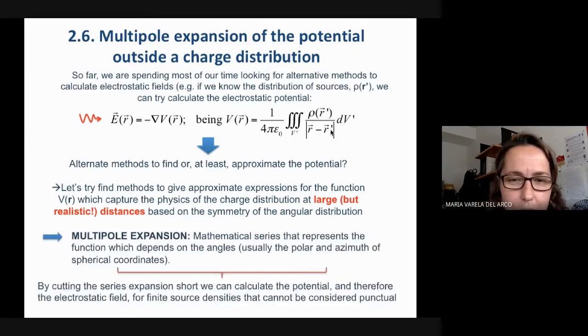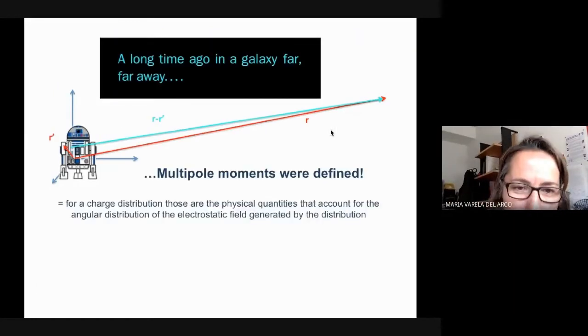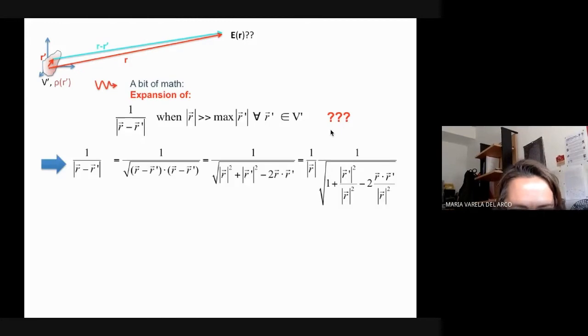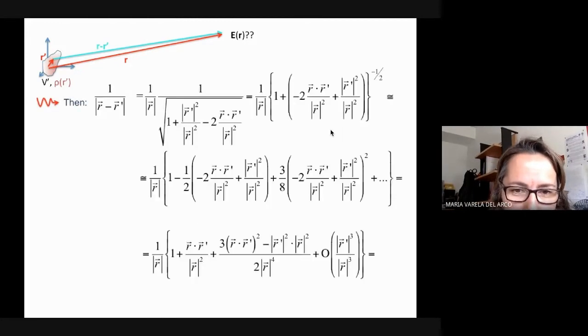Each one of them is going to correspond to this one: 1 over r times 1, so that's 1 over r. The second one is going to be r dot r prime over the modulus of r squared.